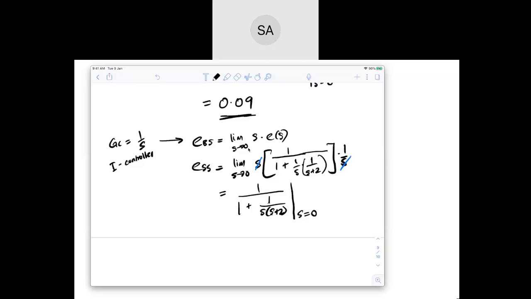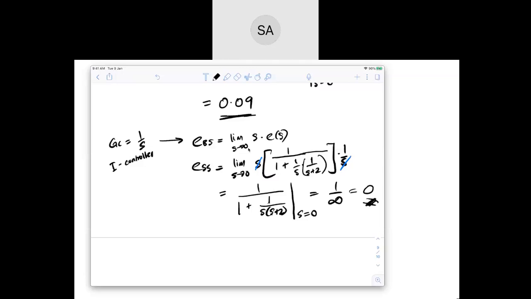What is 2 multiplied by 0? 0. 1 over 0 is infinity. Infinity plus 1 is infinity. 1 over infinity is 0. Very good. It's 0.